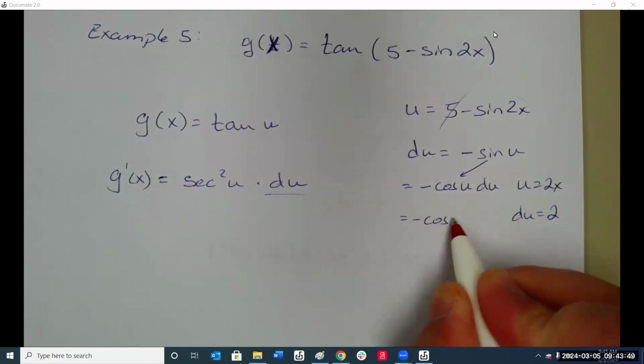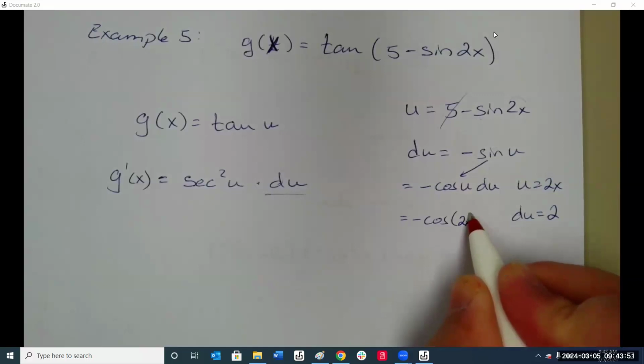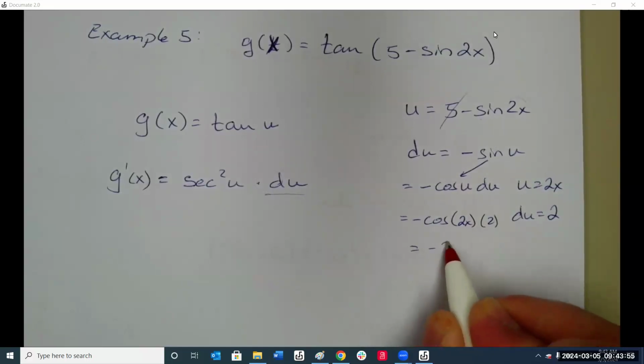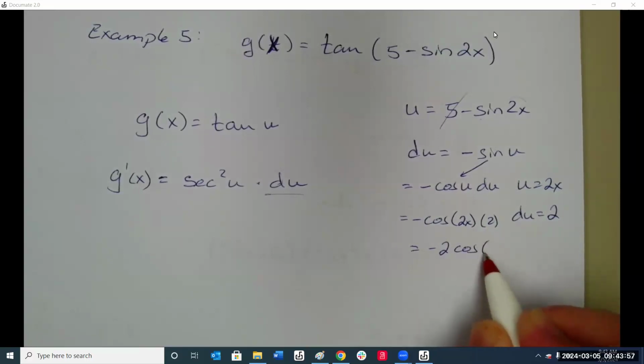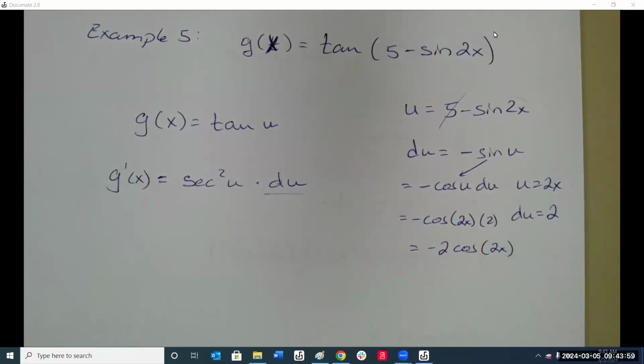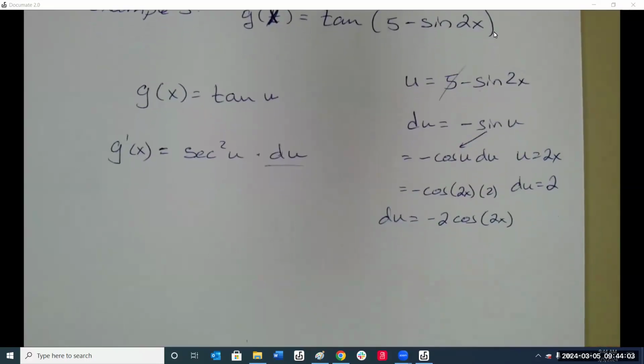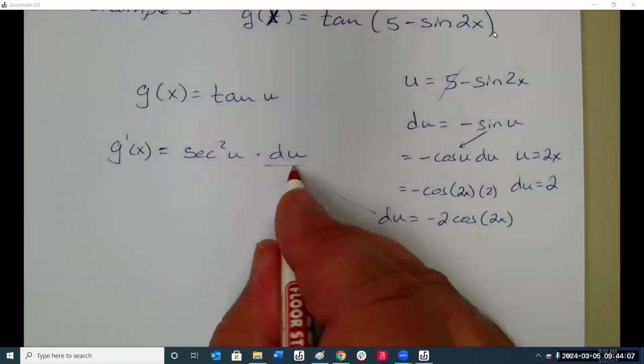That makes it negative cosine 2x times 2, which makes it negative 2 cosine 2x. That's my du. That goes there.